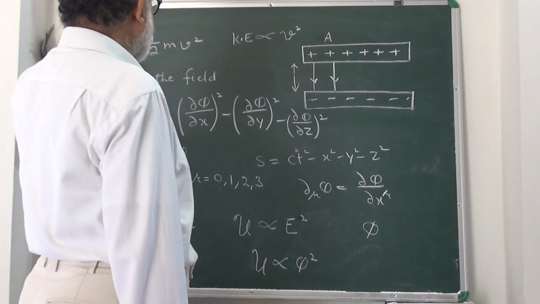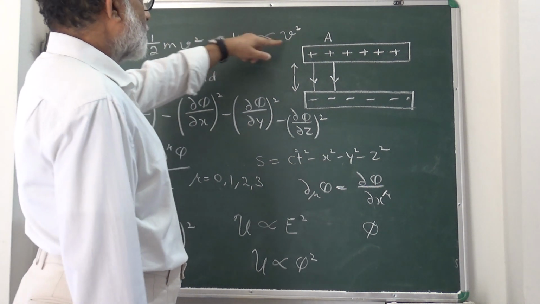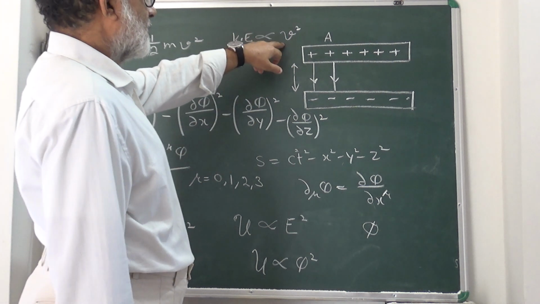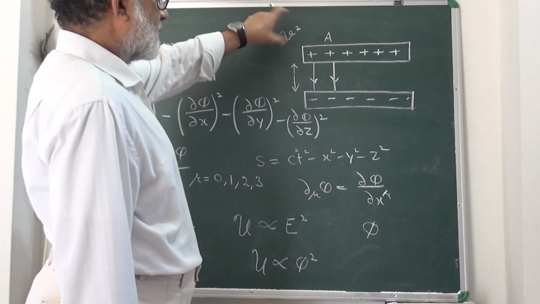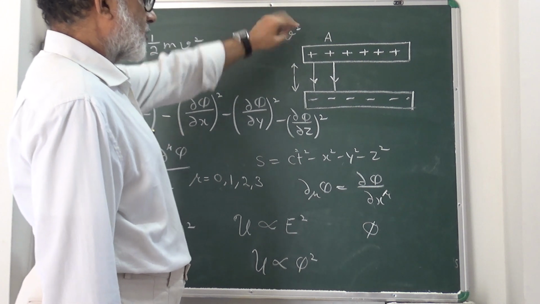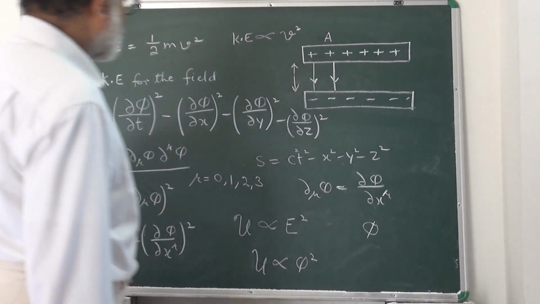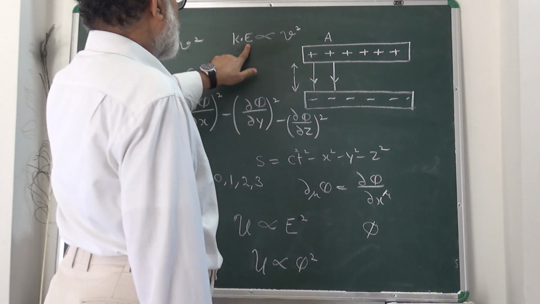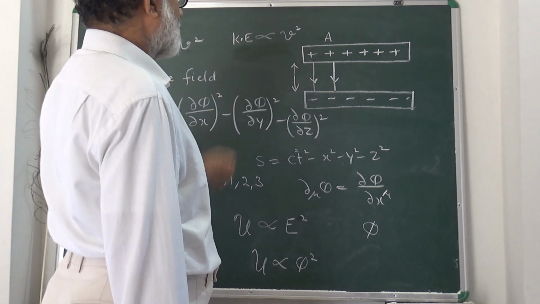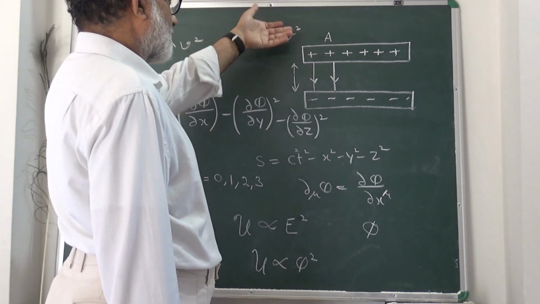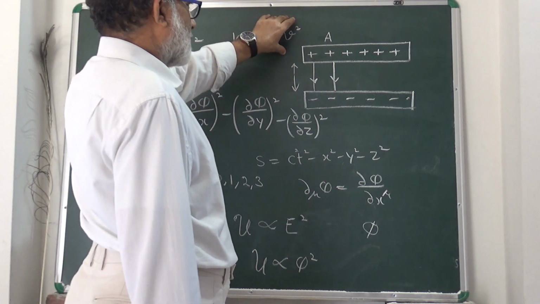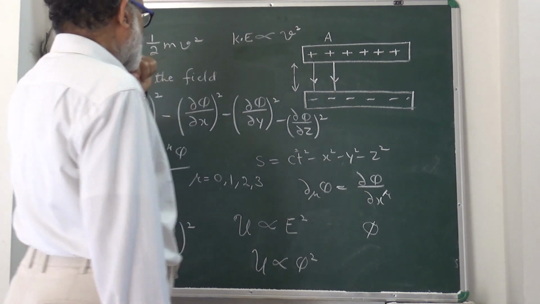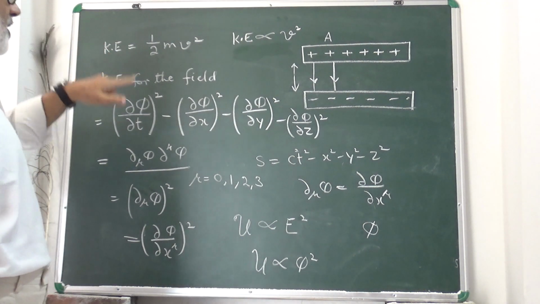So we can say that the kinetic energy is proportional to v square, the square of the variation in the position with time. Similarly for the field, because the field not only varies with time, it varies both in space and time, by the same argument the kinetic energy for the field must be like this.